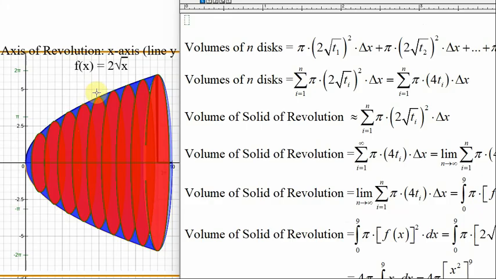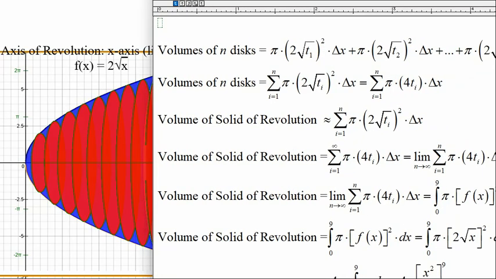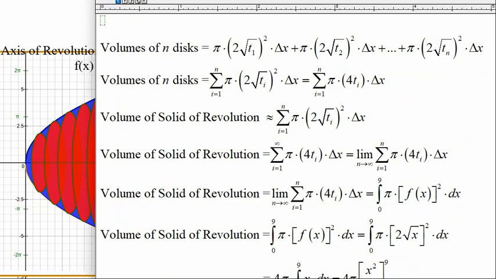Now we divide the solid of revolution into n disks or n slices, and the volumes of the n disks would look like this: the volume of slice number 1, slice number 2, up to the nth slice. Using summation notation, we would write it as the sum with i running from 1 to n.